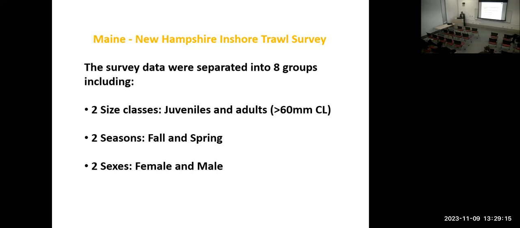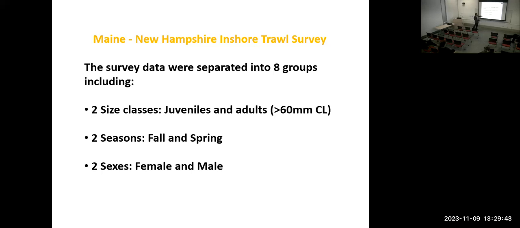We also have to consider the biological factors, because this one focuses on American lobster, which is the most valuable fishery in the US, 10% of the total fisheries output. American lobster have different life stages, and they have different preferred habitats, so we have to separate juveniles and adults.